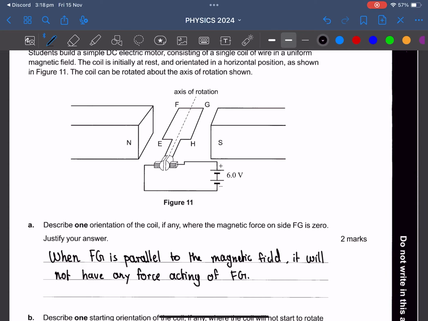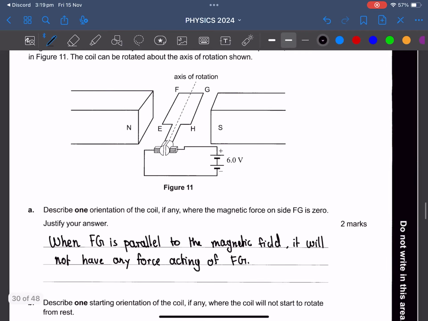So what I mean is that currently, if I were to do this, because the magnetic field is going like that, when FG is basically perpendicular to the magnetic field, no torque will be generated, essentially. Yeah, I'm just gonna write that.